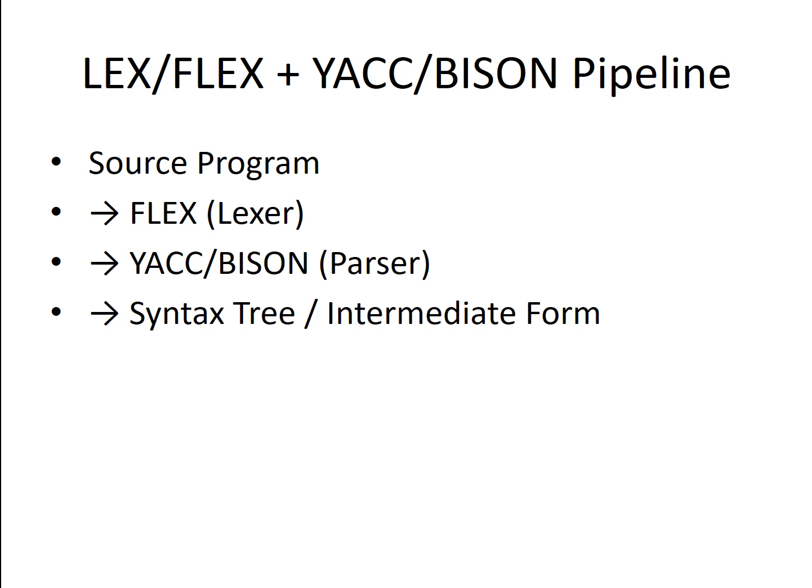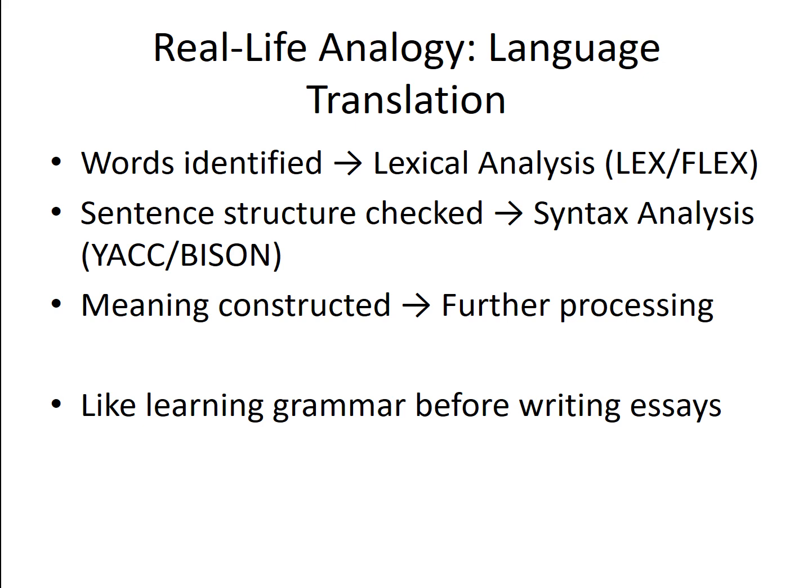We start with a source program, C or C++ or Java or any programming language, and we use Lex or Flex to generate the lexemes, and then we use either YACC or Bison to do the process of parsing. After parsing we get the syntax tree or the intermediate form, rather the grammar with the semantic form, leading to the next process of intermediate code generation.